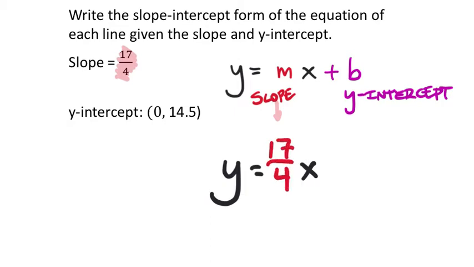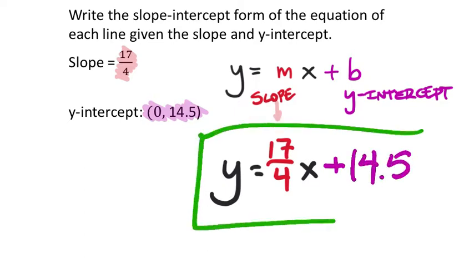And then the y-intercept was also given to us as (0, 14.5). Now that's a decimal, which is okay. It's a positive 14.5, so I show that as plus 14.5. And that's it. That's as much as I need to do when writing this equation. Now when they give us graphs, this will be only integer or whole values so that we don't have to worry about solving for what that decimal will be.